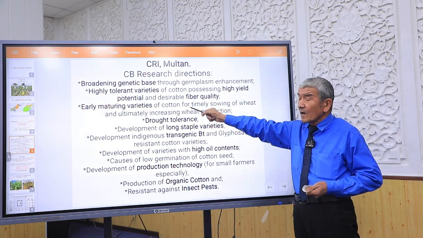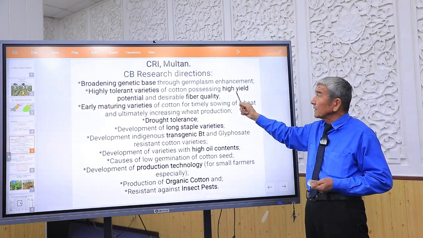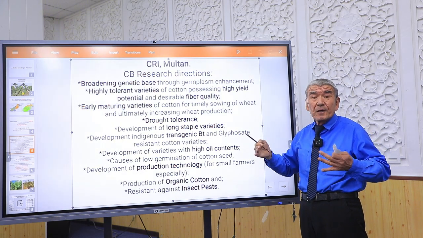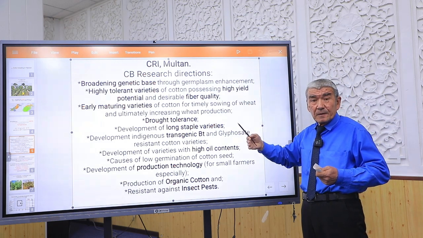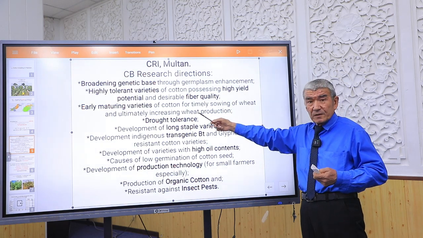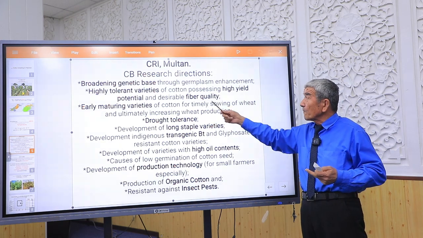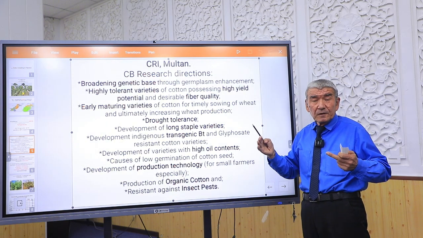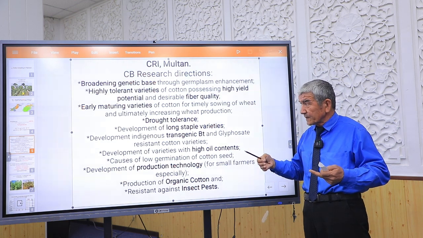The second is high tolerant varieties of cotton possessing high yield. Not only tolerant or resistant to biotic or abiotic stresses, but with high yield potential. And at the same time, we know fiber quality is the first thing we need to improve in cotton varieties.